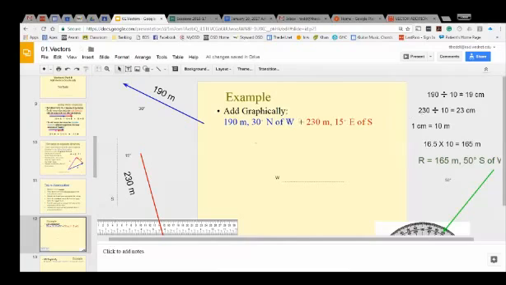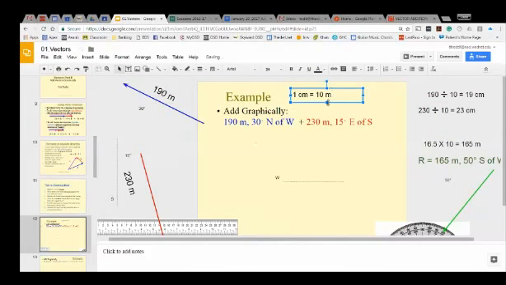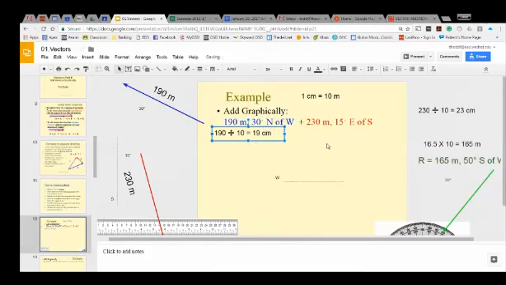I am then going to figure out a scale to use. I look that I have 190 and I have 230, so the scale I chose to use is 1 centimeter equals 10 meters. To do that for the first one, I will take the 190 and divide it by 10.